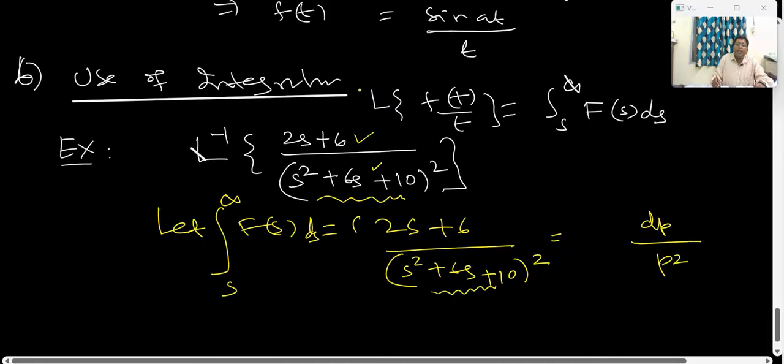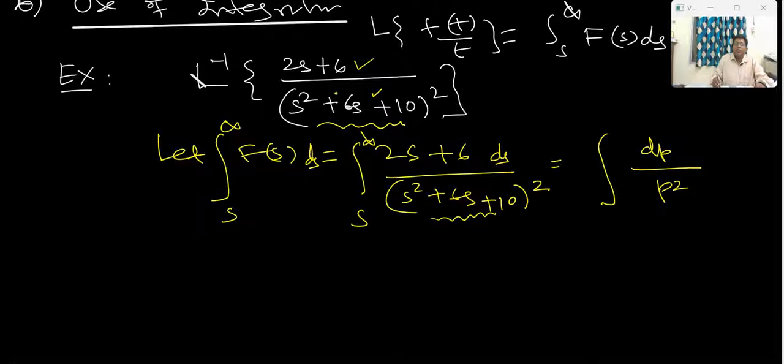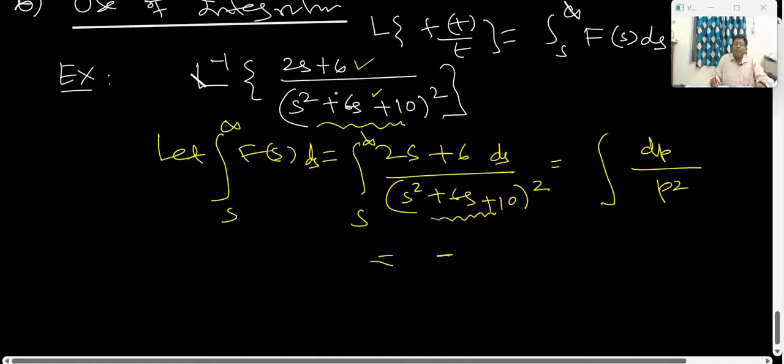Now the moment I put this, it will be of this form. What is the integration of dp by p square? It is minus 1 by p. So that means minus of 1 by what is your p?